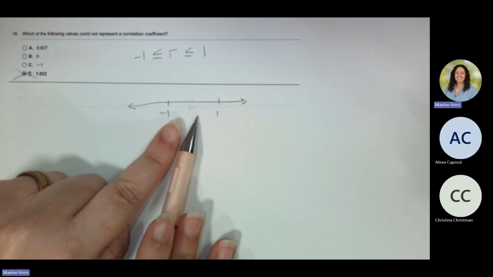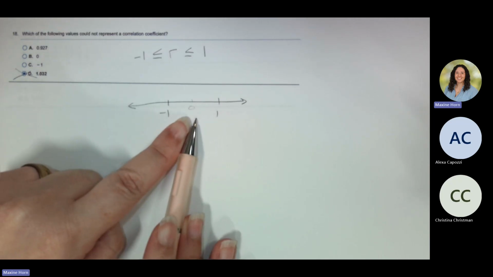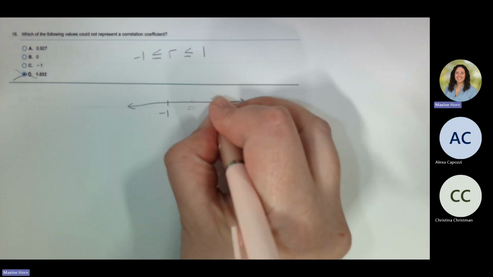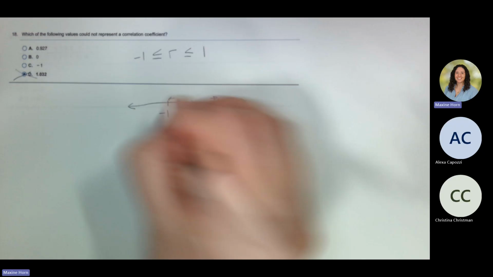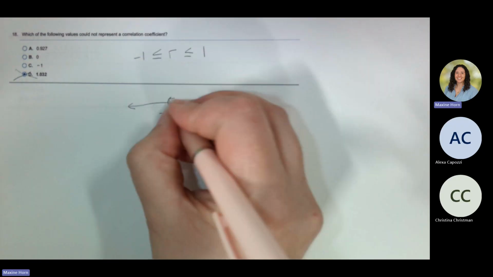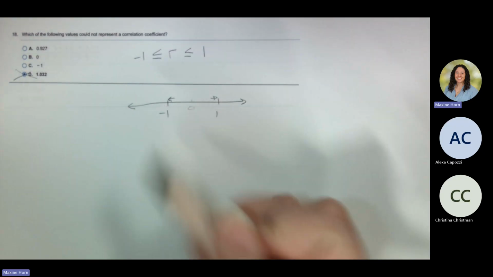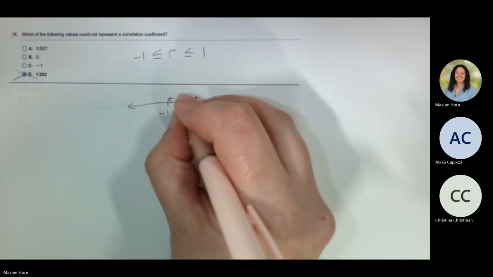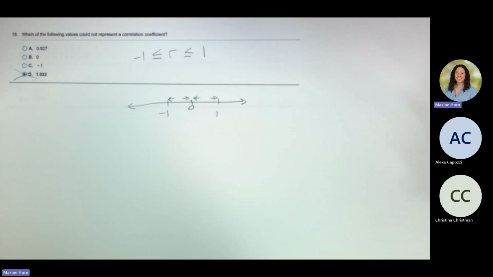But the closer you get to 0, the weaker the correlation. Okay, so closer I get to 1 or -1, the stronger the correlation. It's just, is it positive or negative correlation? The closer I get to 0 from either side, the weaker the correlation. Okay.